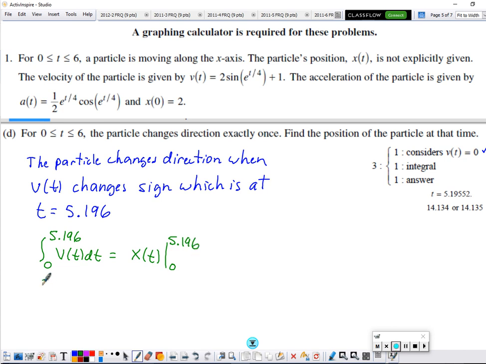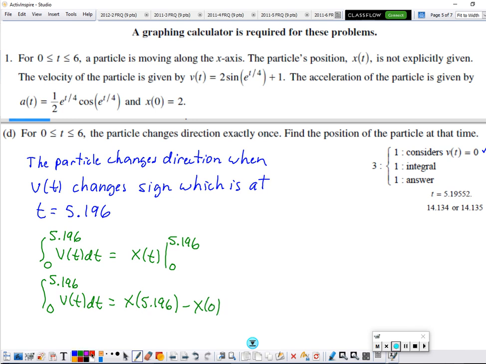So that means this integral is equal to position at 5.196, subtract position at 0.